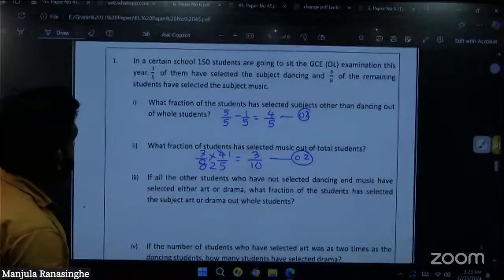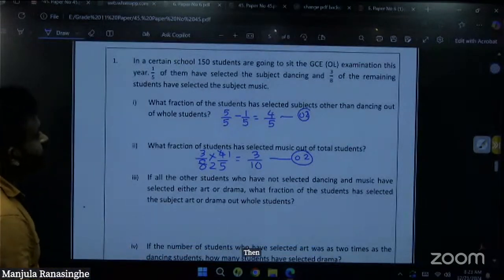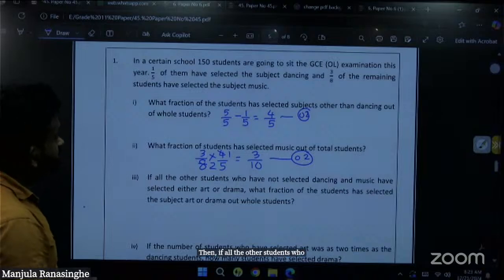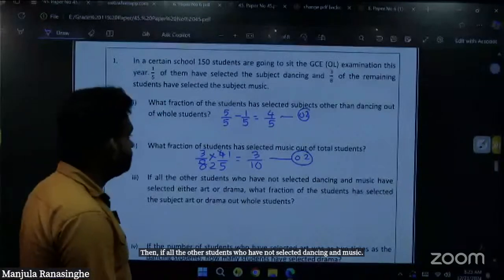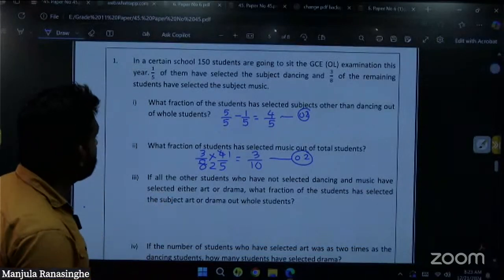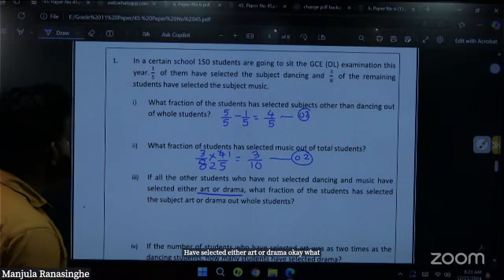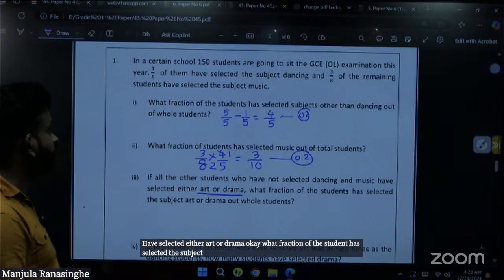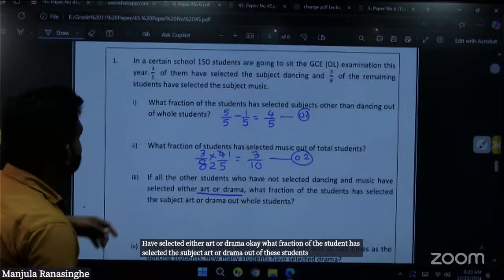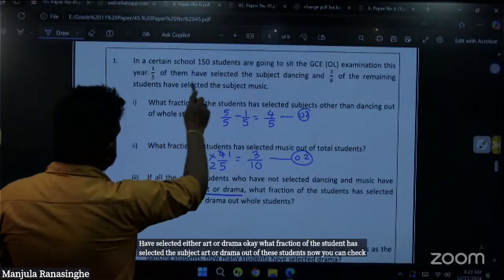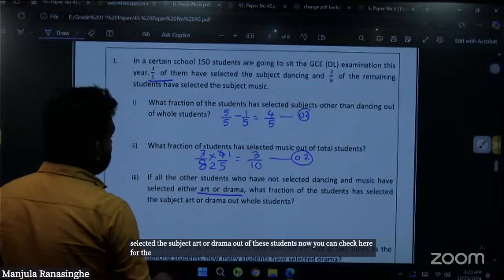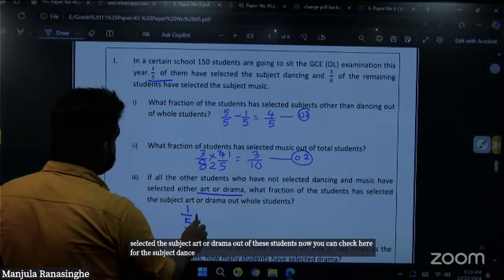Then all the other students who have not selected dancing and music have selected either art or drama. What fraction of the students has selected the subject art or drama out of the students? For dancing, 1/5 selected, then take the sum.